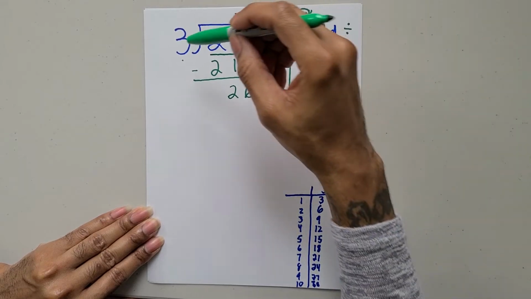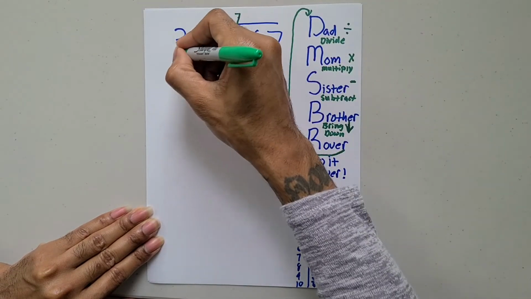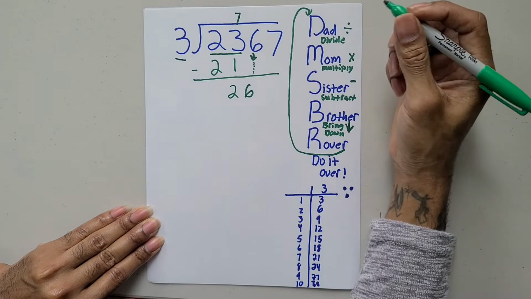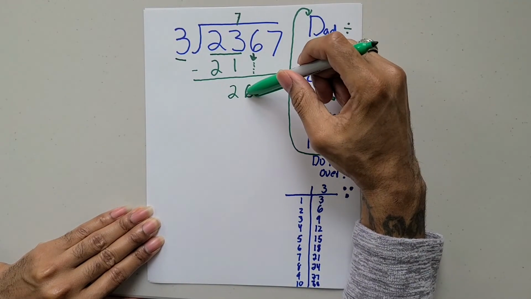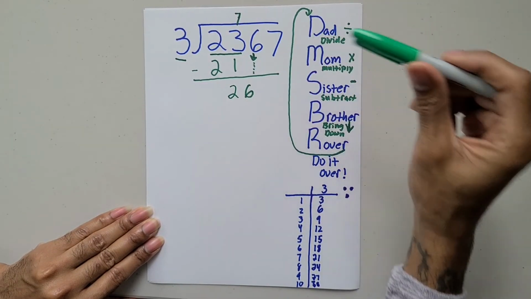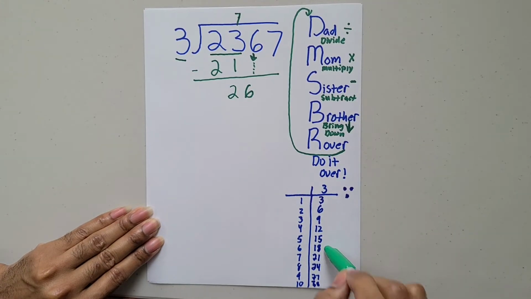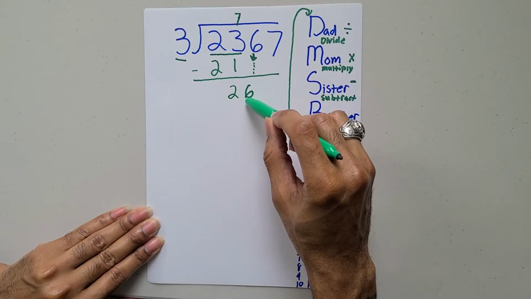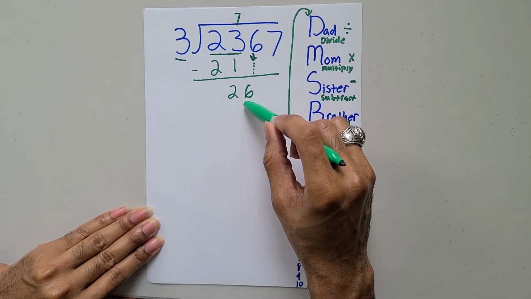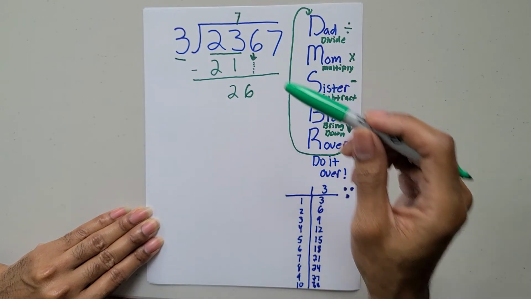How many groups of 3 can I fit in the number 26? Well, let's take a little stroll down memory lane and come over here to our T-chart.